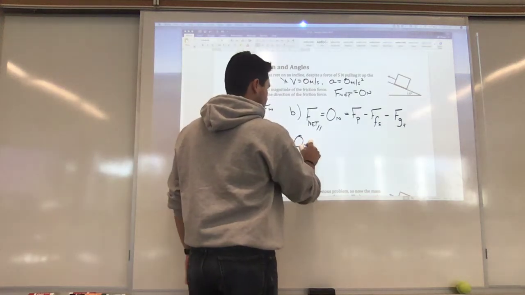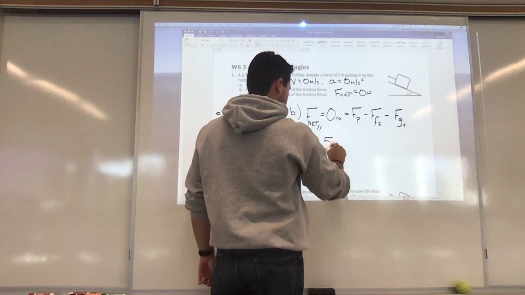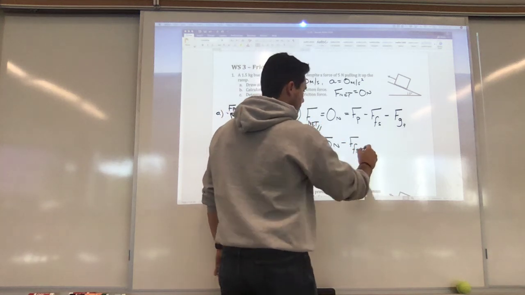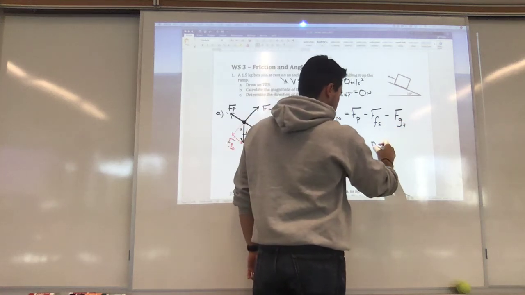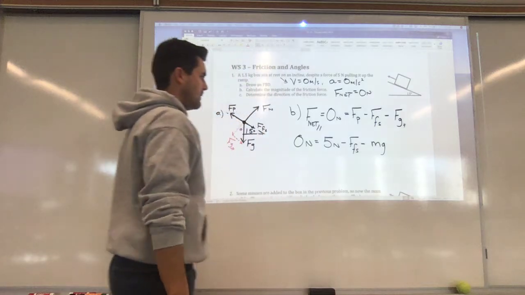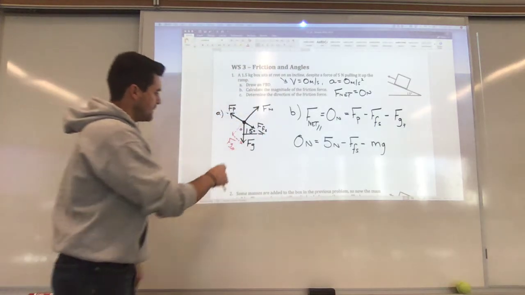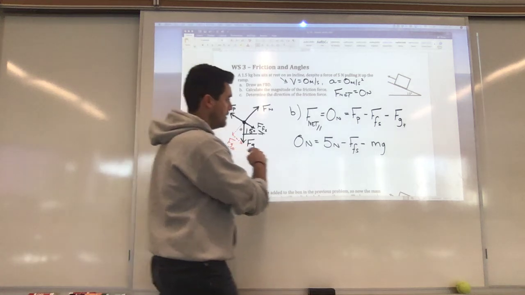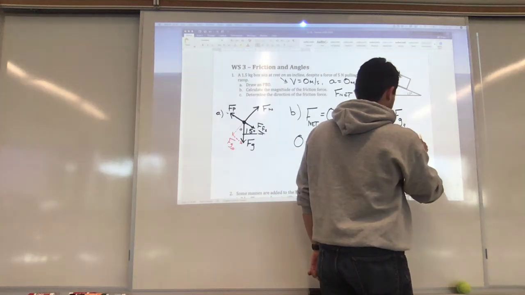So 0 newtons equals the 5 newton pull force minus the force of friction static, minus Fg, which is mg, but it's not the force of gravity, it's the force of gravity parallel. This is going to have to be cosine theta. That component is cosine of the 15 degrees.